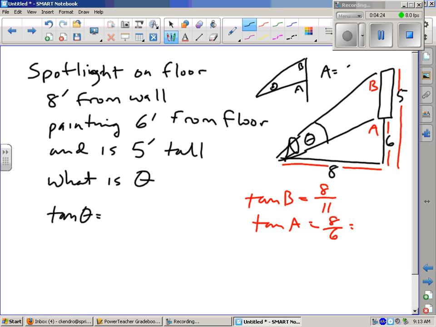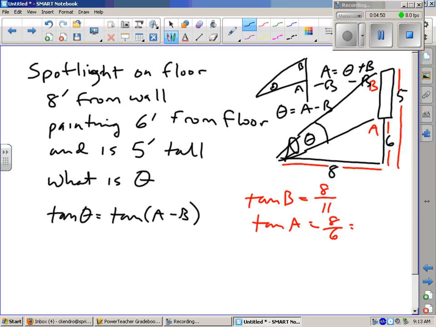So angle A is equal to theta plus B. That's the exterior angle theorem. The exterior angle is equal to the sum of the two remote interior angles. So if I isolate theta, let's say I subtract B over here, then theta is equal to A minus B. So instead of theta here, I could say tangent is equal to A minus B.